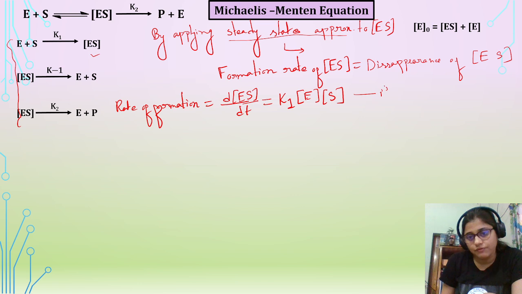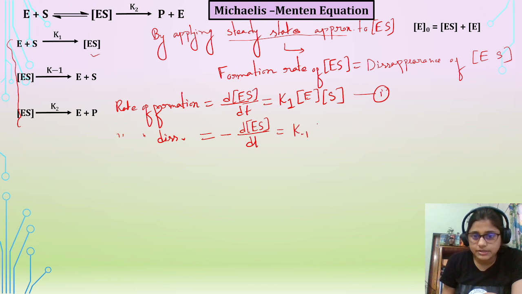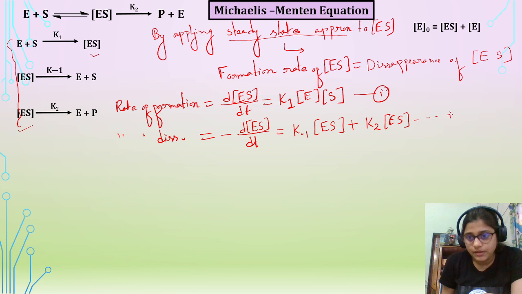This is rate 1, and the rate of disappearance, let's say 2, is minus dES by dt, because the concentration of ES is decreasing. So it will be K inverse into ES, the reactant here, and these are all elementary steps, plus K2 into ES, since it disappears here also.